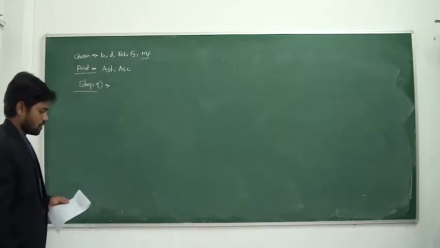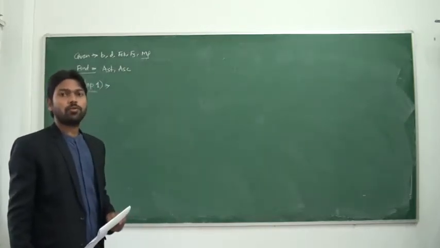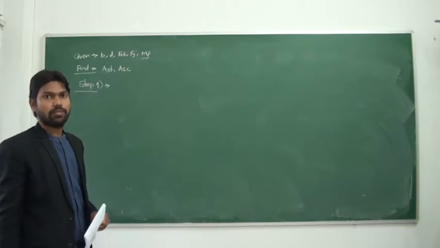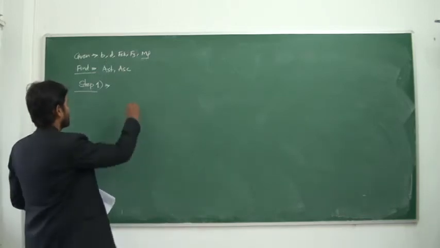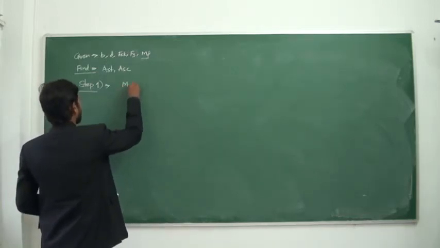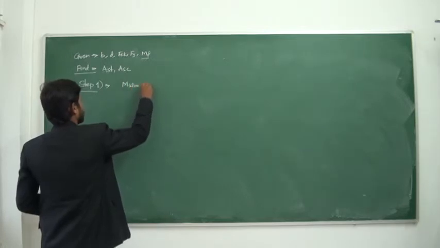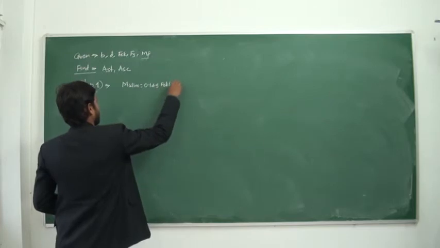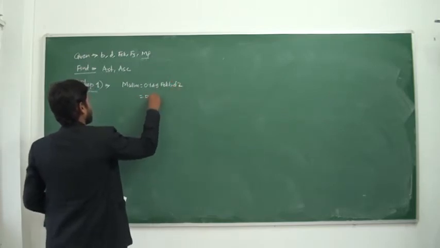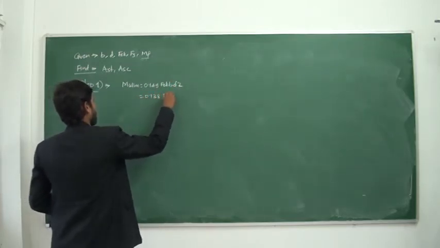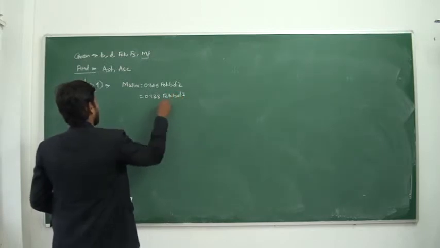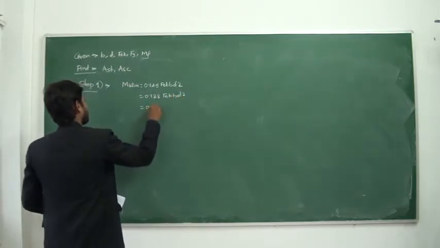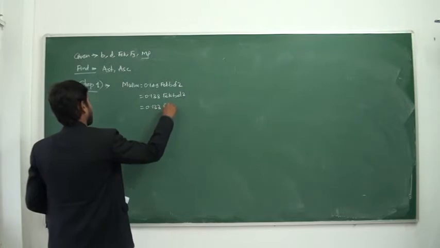The first step is to find out the limiting moment of resistance, Mu limit. The values are 0.149 fck b d square, 0.138 fck b d square, and 0.133 fck b d square.